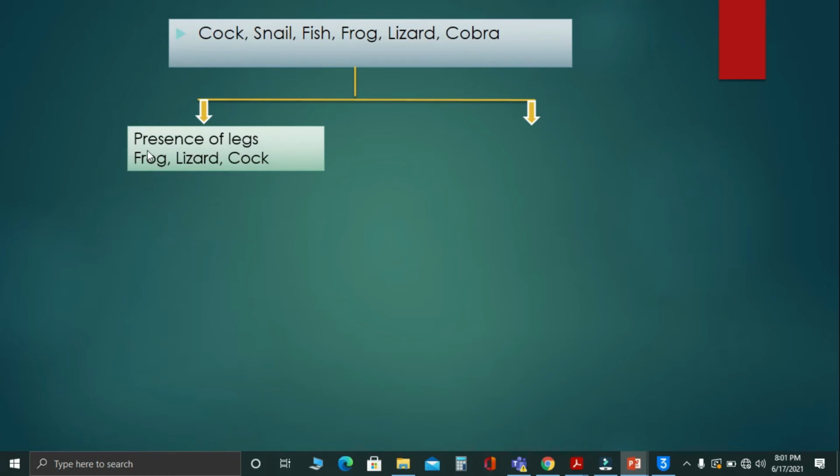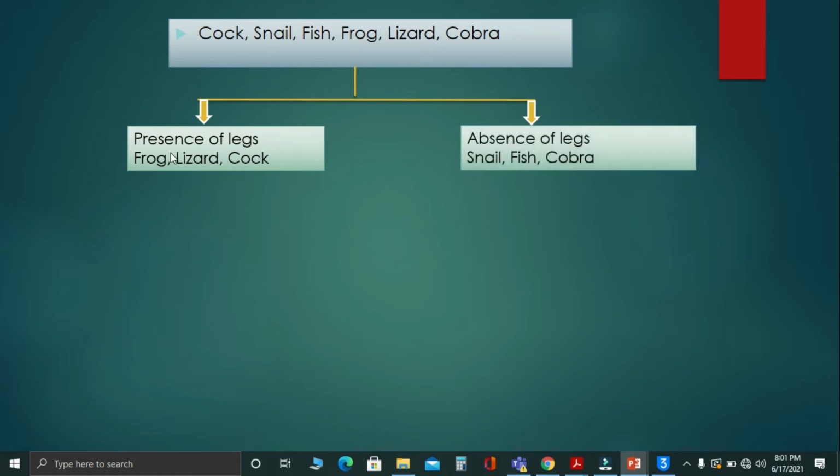First, I have selected as a feature presence of legs. So the animals that have legs come to this group. Frog, lizard, cock, they have legs. So these animals belong to presence of legs. On the other side, absence of legs.